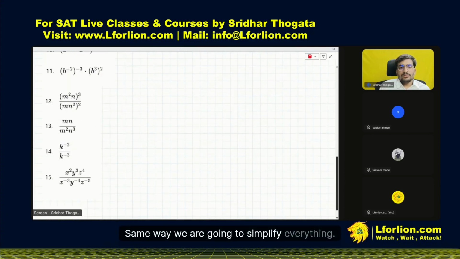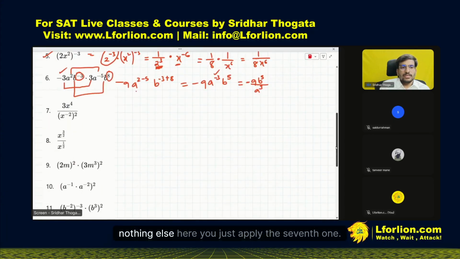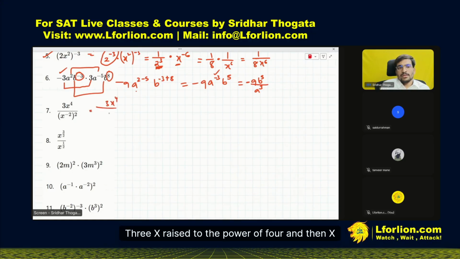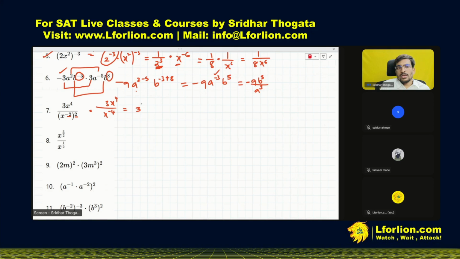Same way we are going to simplify everything. Nothing else here. You just apply the seventh one. 3x raised to the power of 4 and then x power negative 4, because here negative 2 positive 2. So that's going to be 3, just keep it aside, and x power 4 and then x power negative 4.